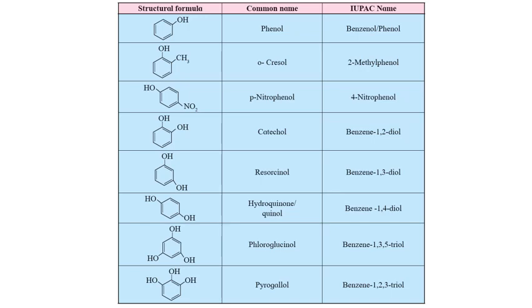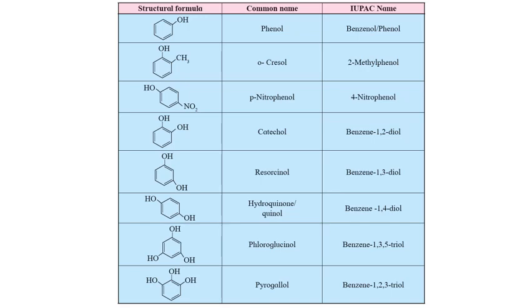Observe the examples. First one, a benzene ring with an OH group attached. Common name is phenol and IUPAC name is benzenol or phenol. Second example, where one OH group is attached at the first position and at the second carbon atom a methyl group is attached.